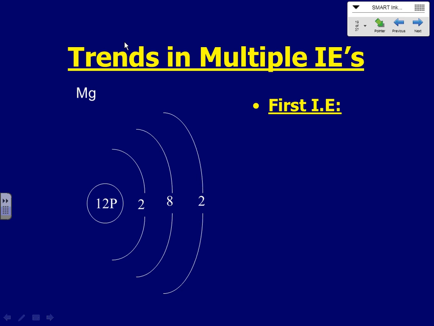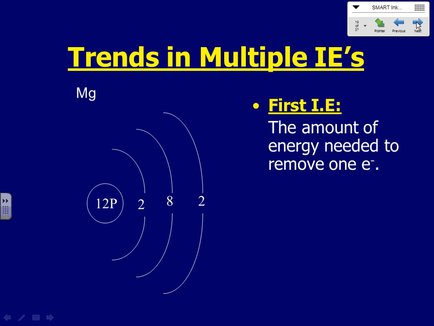So good old magnesium, 2-8-2, located there on the periodic table. We turn up the voltage, take one away. That energy needed is called now the first ionization energy, the energy needed to remove 1 electron.